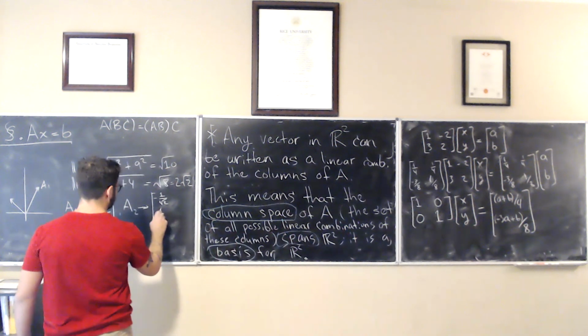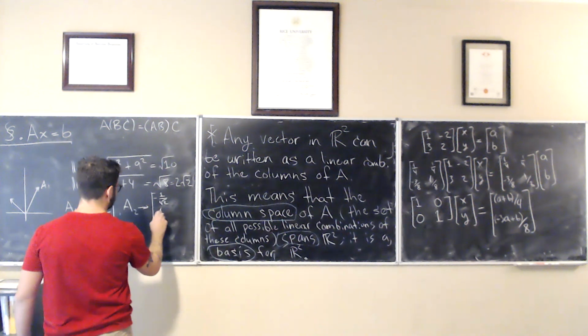So I'll just call this vector here B. It's like the normalized version of A1, and I'll call this one W. And I'm curious to look at B transpose W. I want to know roughly what the angle between them is. These vectors have unit length. They have length 1.